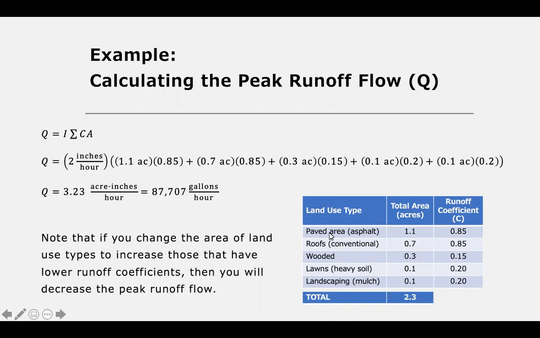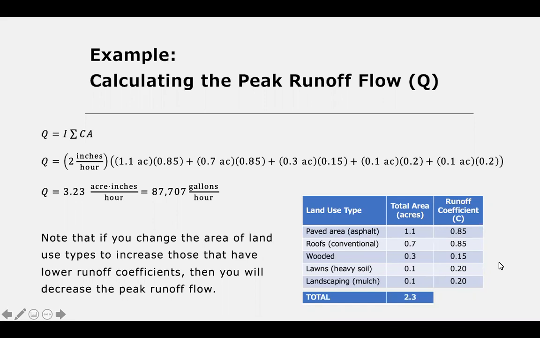So the first culprit would usually be the paved area, asphalt. So you might look at your parking areas and think, well, maybe we can use paved bricks, brick pavers, which are porous and they allow the rainwater to soak into the soil a little bit. Maybe we can use those instead of paved asphalt, which has a much higher runoff coefficient.